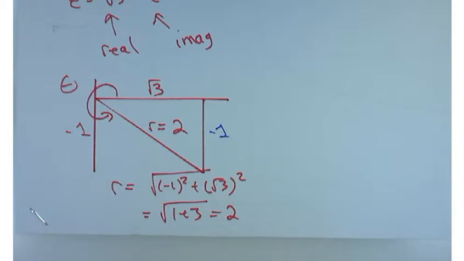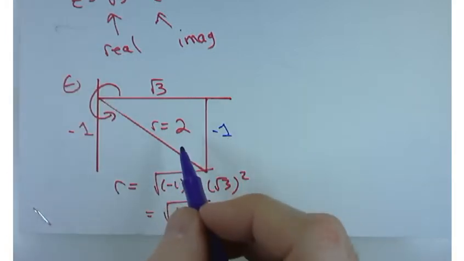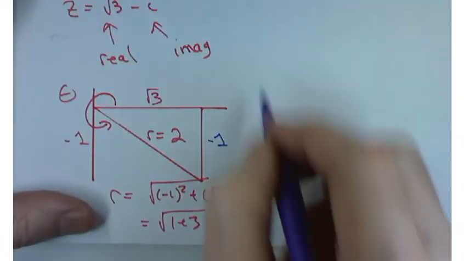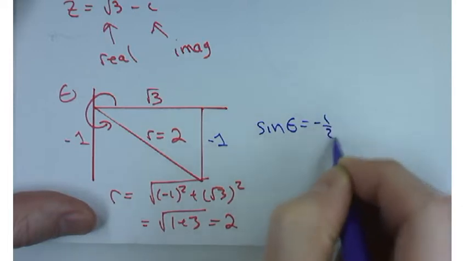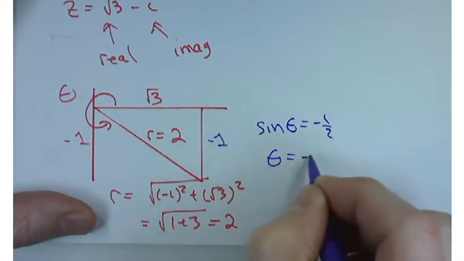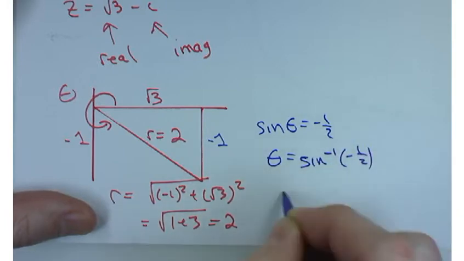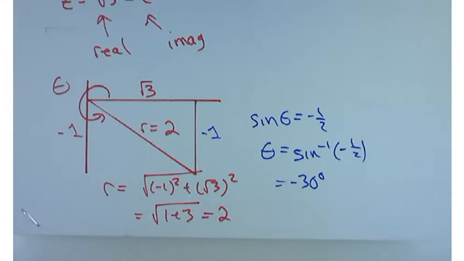Which trigonometric function involves my angle, this side, and the hypotenuse? Sine. So sine of theta equals negative 1/2. Theta equals the inverse sine of negative 1/2, and that gives you negative 30 degrees off your calculator.